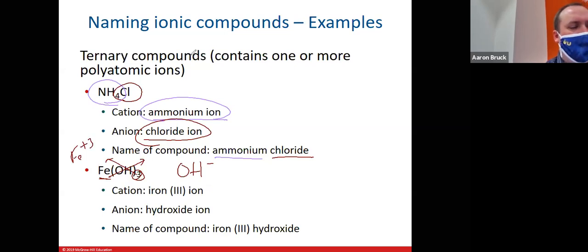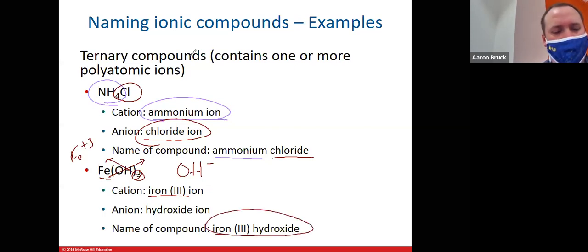So the 3 here on the hydroxide means that we had a 3 positive charge on the iron. The 1 on the iron means we had a -1 charge on the hydroxide. And we know from our polyatomic ion list that hydroxide is -1, so that does make sense. We have to identify iron by its charge, so that's where the iron 3 comes from. OH is hydroxide. We get iron 3 hydroxide as a result.